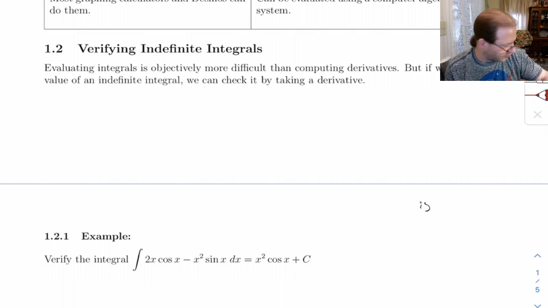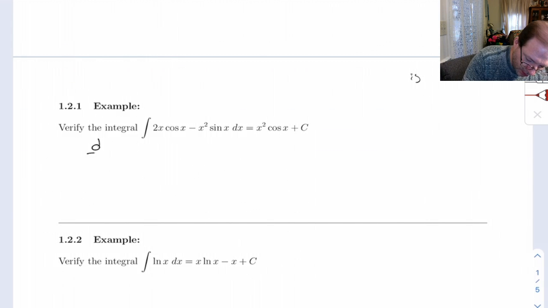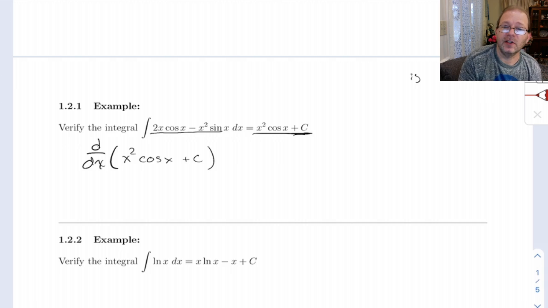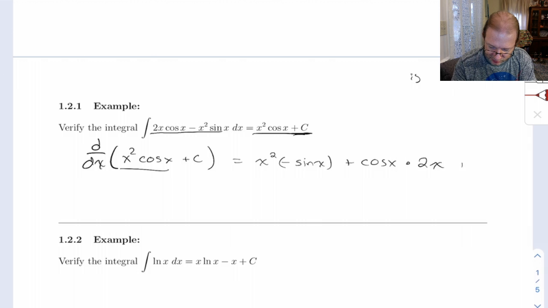If we want to verify this, what we can do is take the derivative of x squared cosine x, and the derivative should give us back this. I guess technically I should put the derivative of x squared cosine x plus c. When I do that, by the product rule, I get first times derivative of the second plus second times derivative of the first, and then plus the derivative of c, but that's just plus 0.